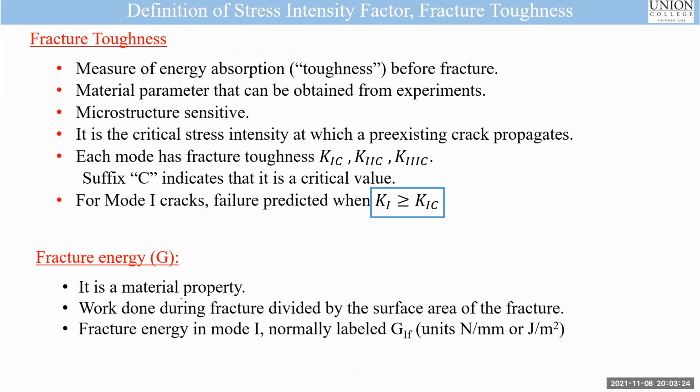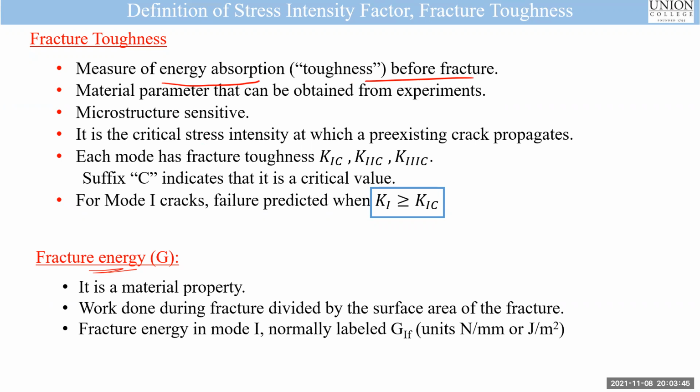And we'll also enter one more material property called fracture energy. What does fracture toughness mean? You would have done this in your materials lab, a Charpy impact test or Izod impact test, exactly the same thing. You're measuring the energy absorption before fracture.